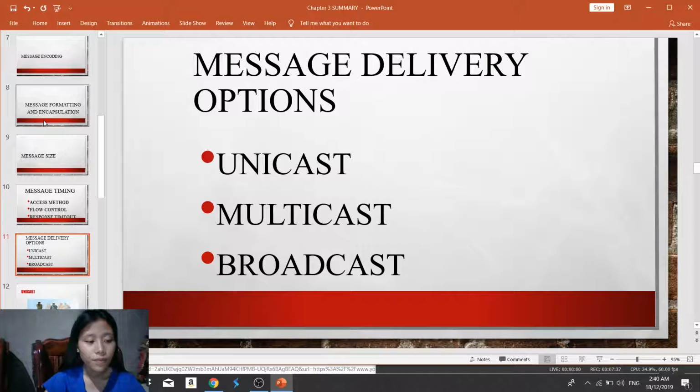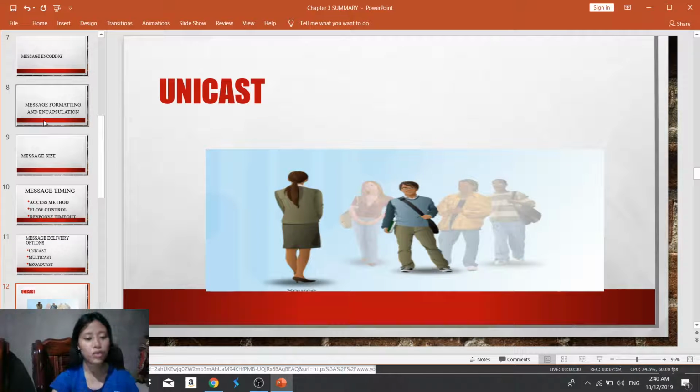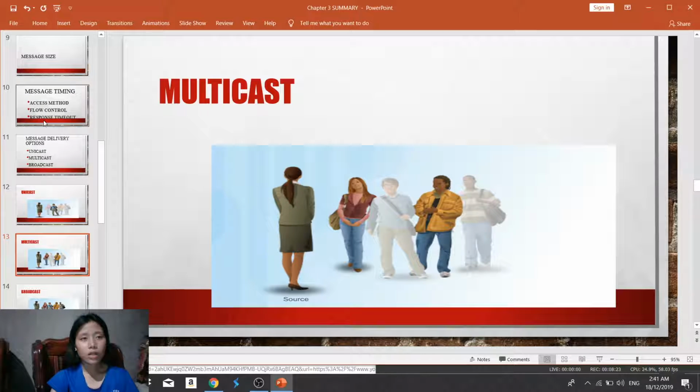So let's go to the message delivery options, which are unicast, multicast, and broadcast. Unicast is where one person communicates with just one other person, just like on our cell phones or laptops. Multicast is where you and a selected group of people you are trying to communicate with are the only ones who send or communicate with you.